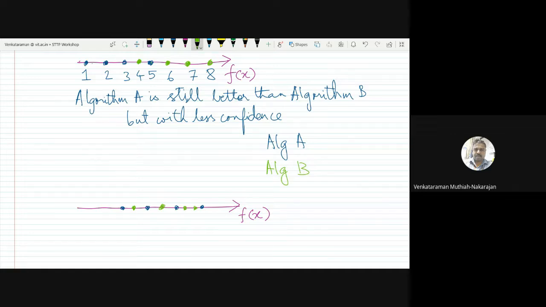Now you see that algorithm A and B are not statistically separable.